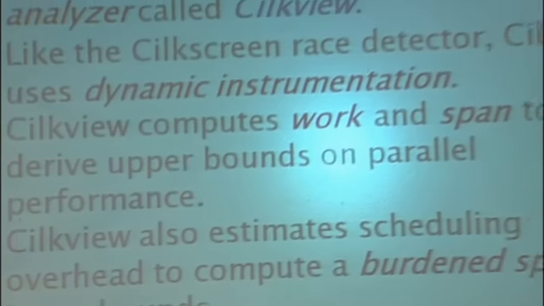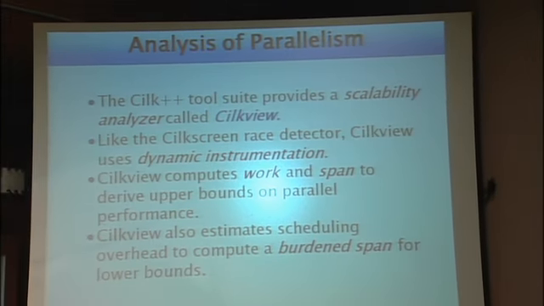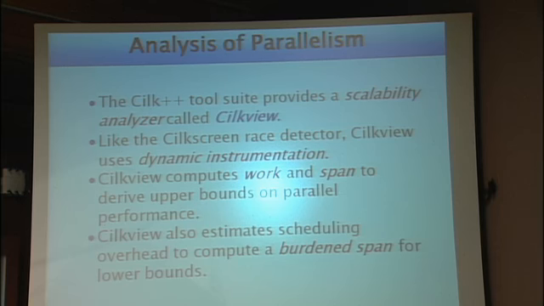So for the analysis of parallelism, one of the things that we have going for us in using the Silk tool suite is a program called Silkview, which has a scalability analyzer. And it is like the race detector that I talked to you about last time in that it uses dynamic instrumentation. So you run your program under Silkview.